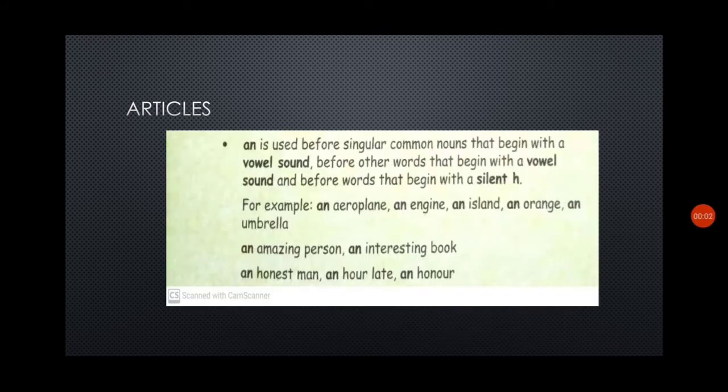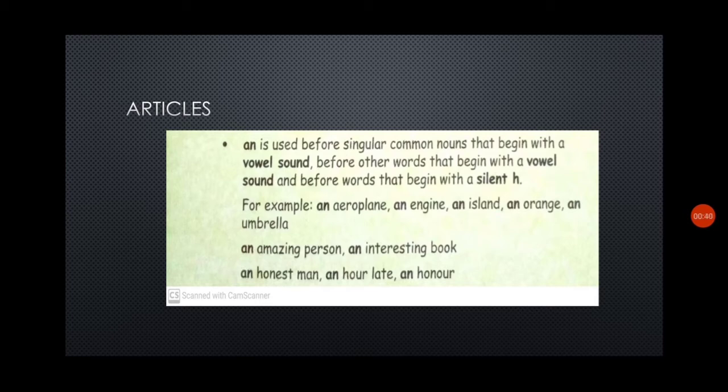Children, an is used before singular common nouns that begin with a vowel sound. Before other words that begin with a vowel sound, and before the words that begin with a silent H. For example, an aeroplane, an engine, an island, an orange, an umbrella, an amazing person, an interesting book, an honest man, an hour late, an honor.